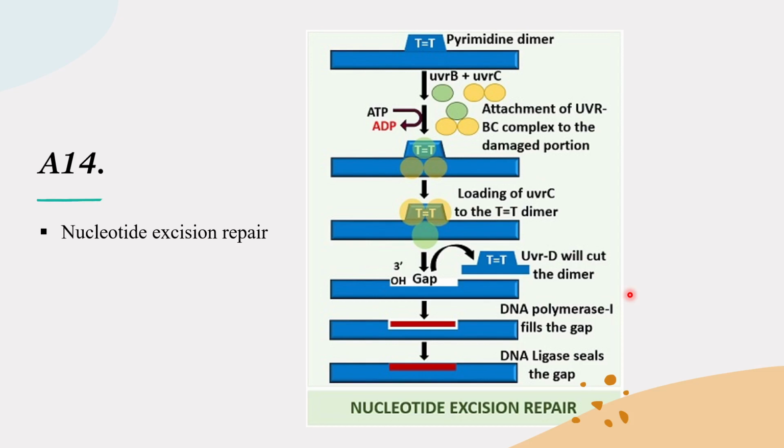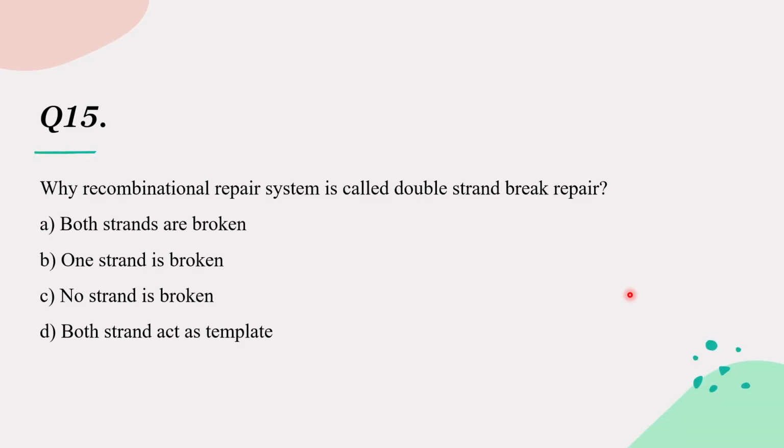Let's move to our next question then. Why recombination repair system is called double strand break repair? This is the last question of our today's session.